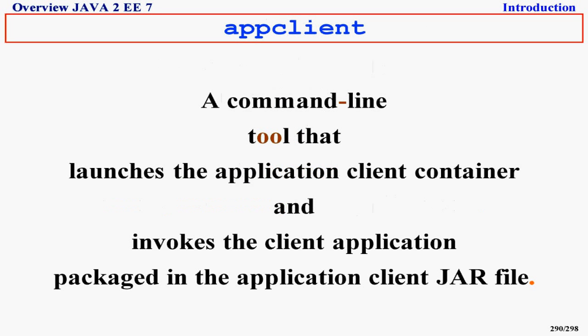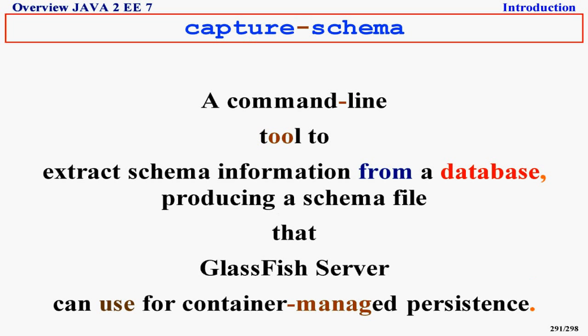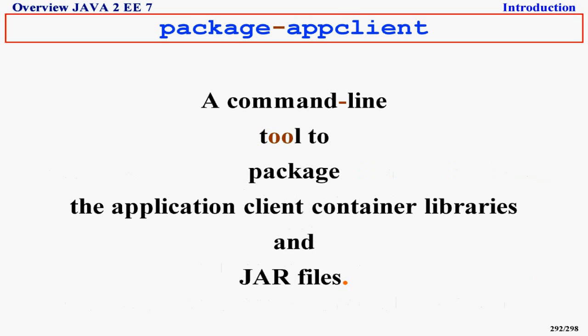appclient: a command-line tool that launches the application client container and invokes the client application packaged in the application client JAR file. capture-schema: a command-line tool to extract schema information from a database, producing a schema file that GlassFish Server can use for container-managed persistence. package-appclient: a command-line tool to package the application client container libraries and JAR files.